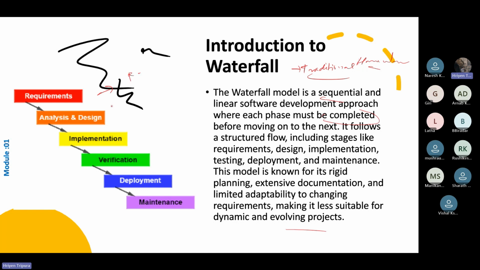What is the requirement, what kind of feasibility and scope, everything you have defined. Then you will be analyzing it, right? After analyzing it, you have to implement it. Then verification needs to be done, to check whether everything is working as expected or not. Then we will deploy, and then we will maintain.